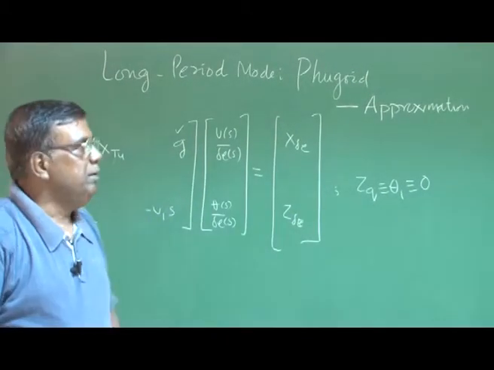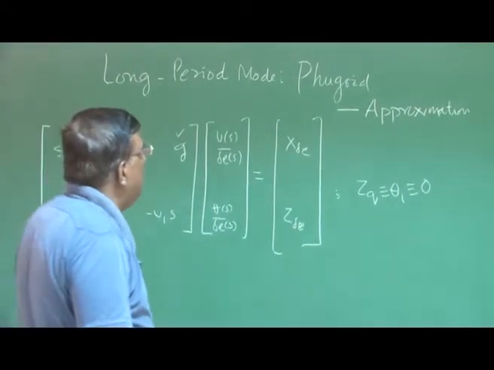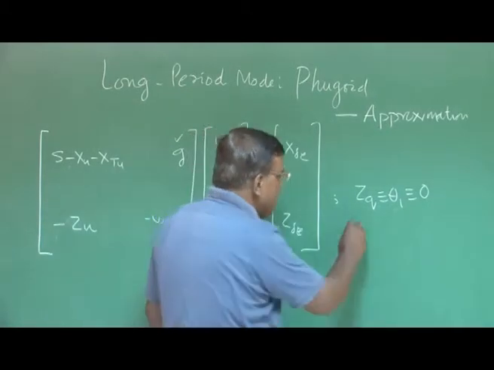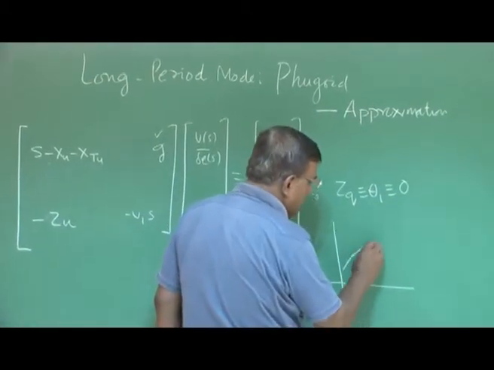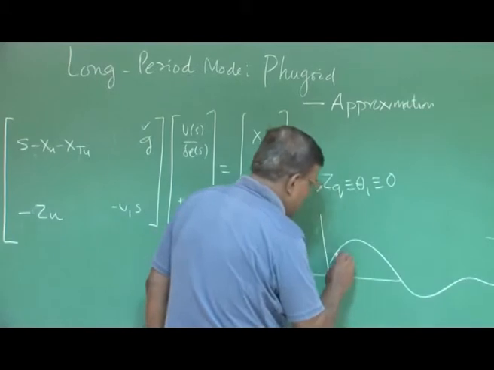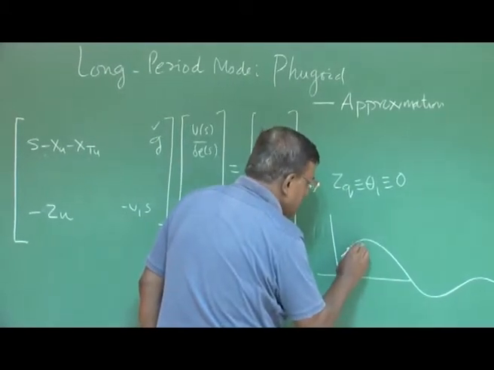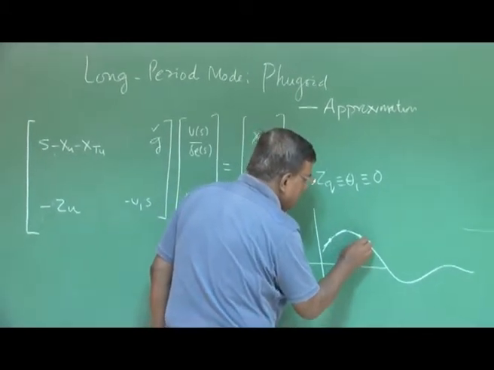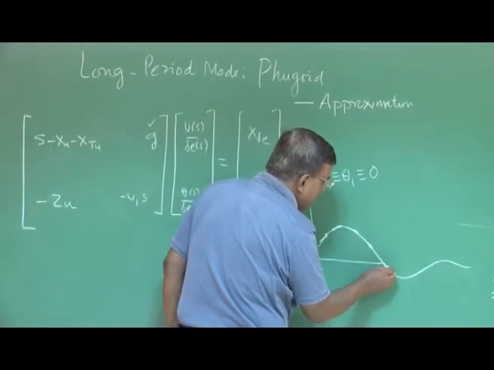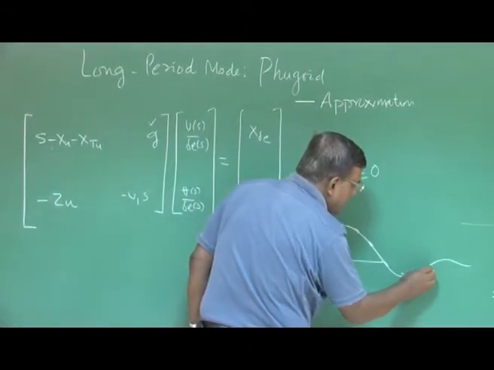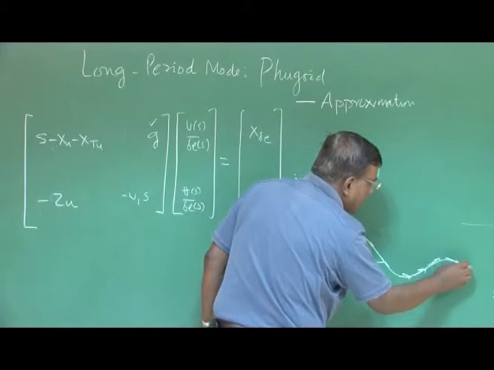Right? Let me repeat again. When I am talking about phugoid, what am I assuming? I am assuming if this is the phugoid, the airplane is actually, through approximation, right? It may not be very accurate. It's going like so.